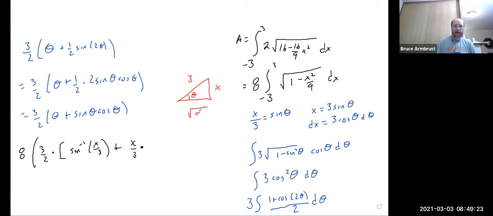And that makes this side the square root of 9 minus x squared. So then the cosine of that angle is the square root of 9 minus x squared over 3. And we're going to be evaluating that at 3 and minus 3.